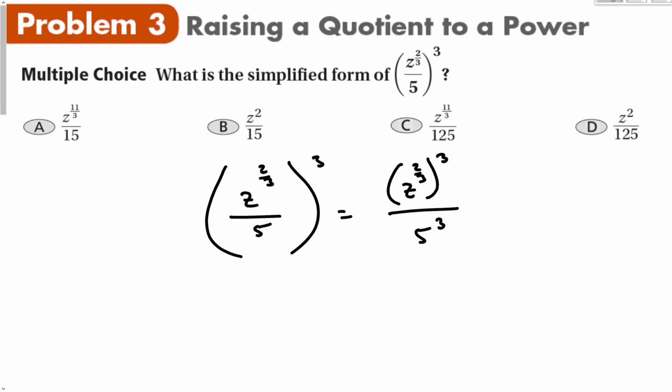Okay, so now when I raise z to the 2/3 to the third power, I multiply the exponents together. 2/3 times 3 gives me z squared. And then 5 times 5 times 5 is 125, to give me an answer of D.